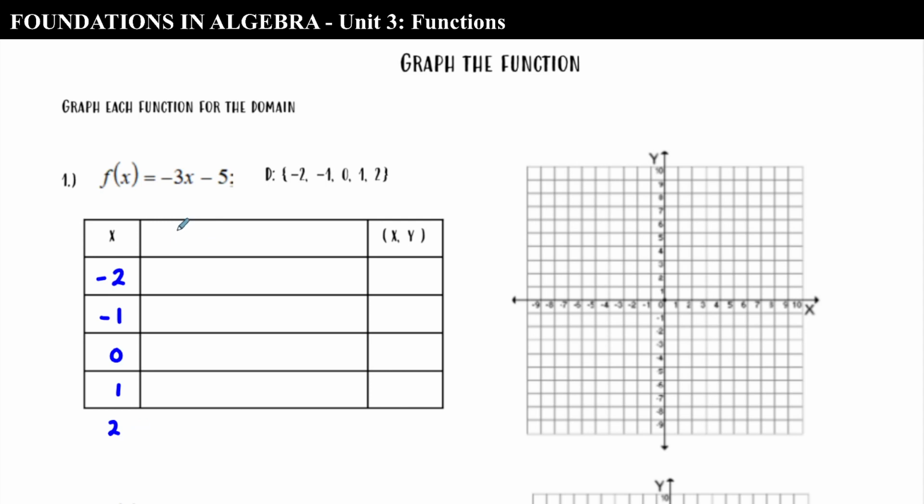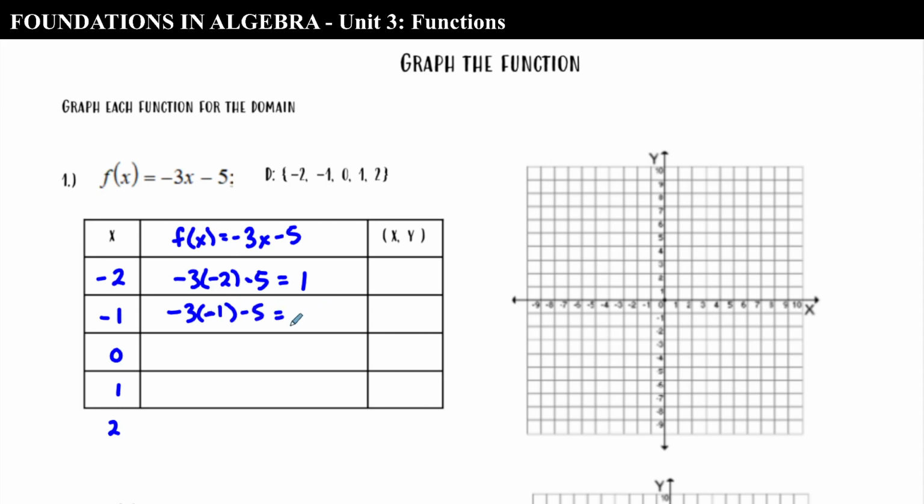So up here, we're going to put in this column, f of x, which in this case is negative 3x minus 5. So f of negative 2 is going to be negative 3 times negative 2 minus 5. And that's going to give us 6 minus 5, which is 1. Then we do negative 3 times negative 1 minus 5.